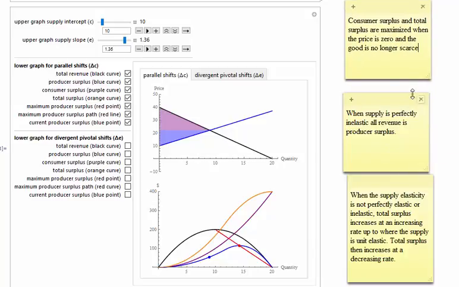Consumer surplus and total surplus are maximized right up here, where there is no producer surplus. In other words, the good is free. It's not a scarce good anymore.